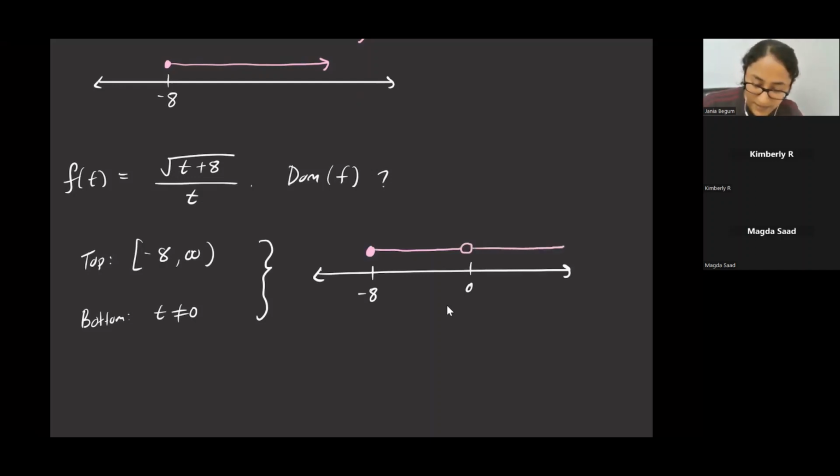And then 0 to infinity is good. So you're going to write this using two different pieces. The first piece will be -8 to 0, open at 0, union, again, 0 to infinity. That will be the domain of this function.